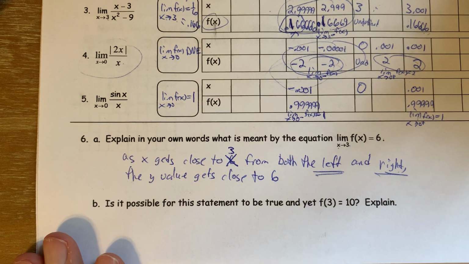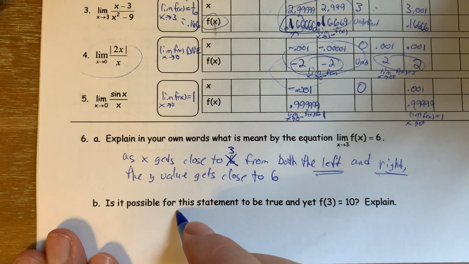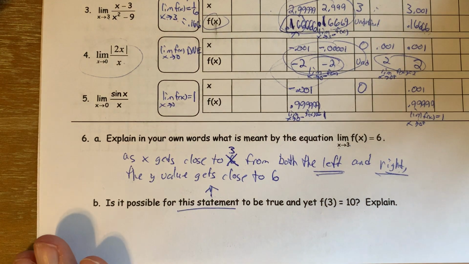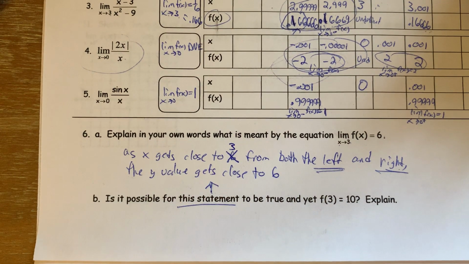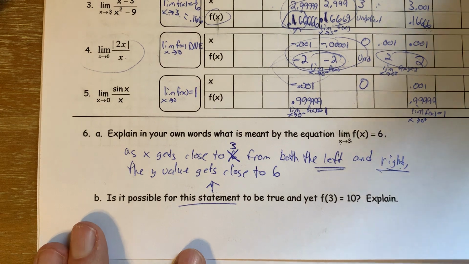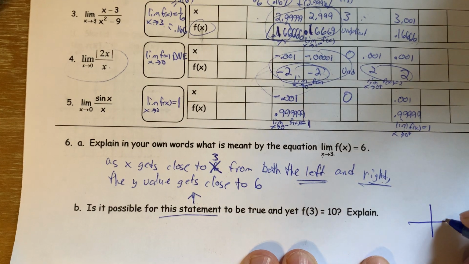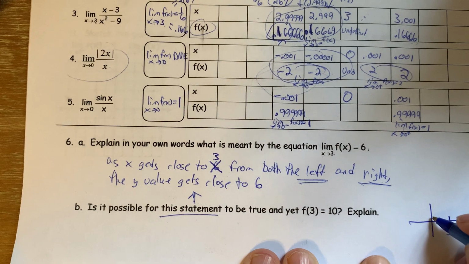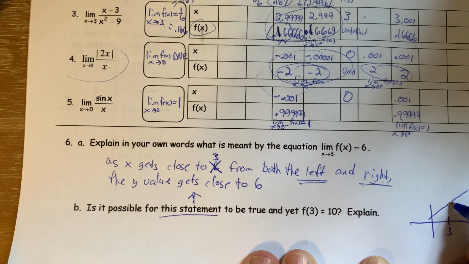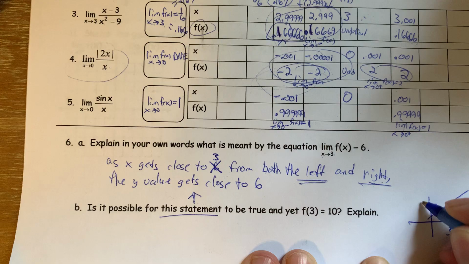Okay, is it possible for this above statement to be true and yet f of 3 to be equal to 10? Explain. Is it true or not? And hopefully we said that yes, it is true. So if x is 3 here, and the limit from the left and the limit from the right are both going towards 6.